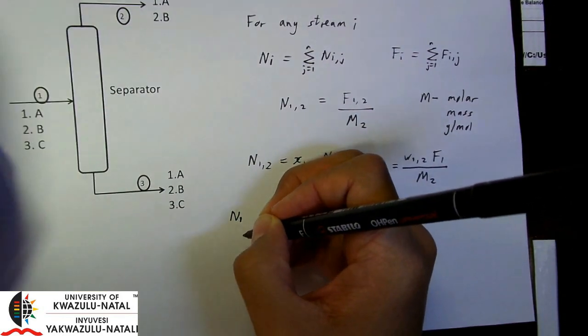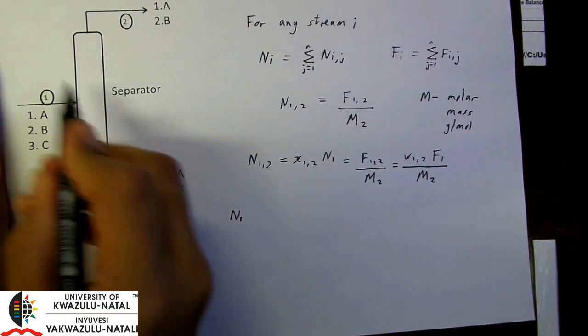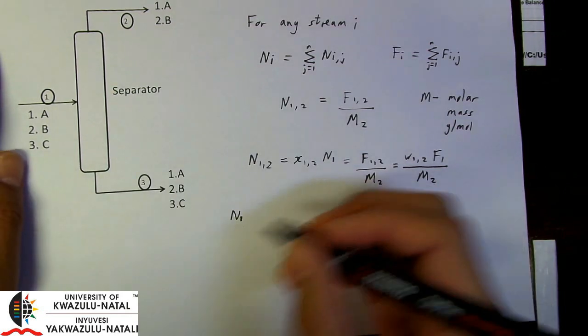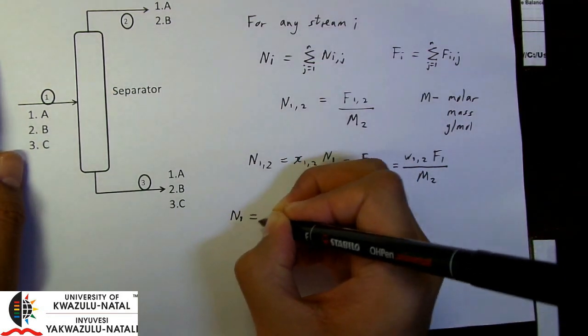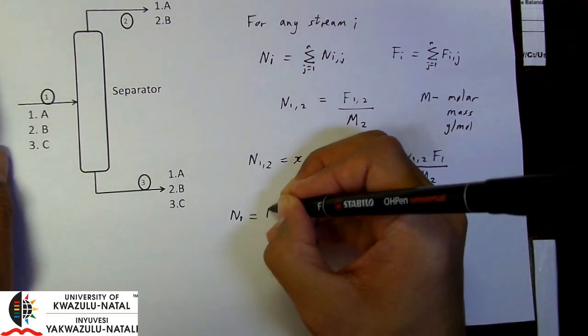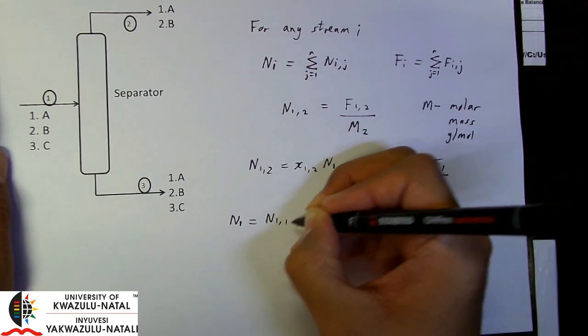For any particular stream, and I'm just using stream 1 as an example. Remember, this applies to stream 2 and stream 3 as well. Note that your total flow rate of stream 1 is the sum of the flow rates of all the components.